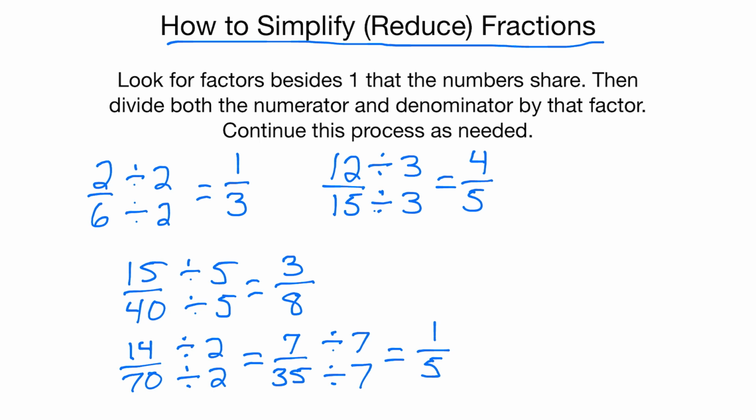So if you divide both the numerator and the denominator by a number, and then your next fraction still has common factors, you have to continue simplifying until you get two numbers that only share 1 as a factor. So we look for factors besides the number 1 that the numbers share. Then divide both the numerator and the denominator by that factor. Continue this process until you only have a numerator and denominator that only share the factor of 1.